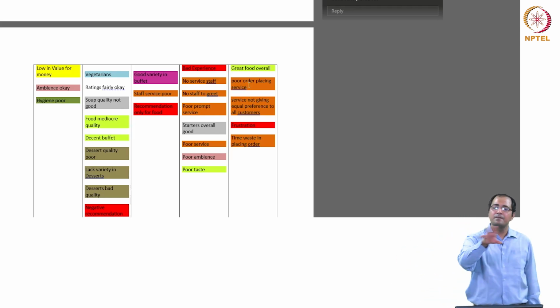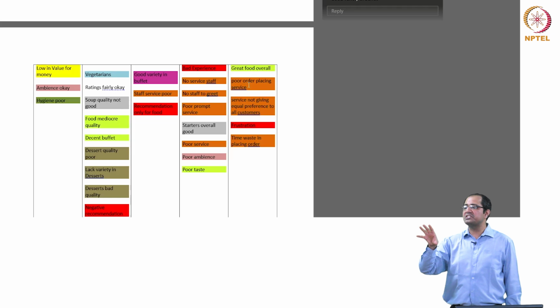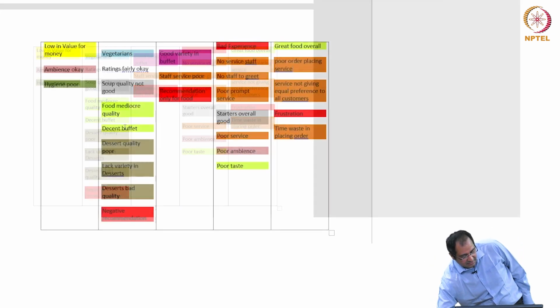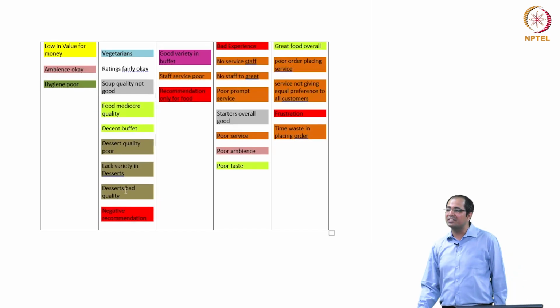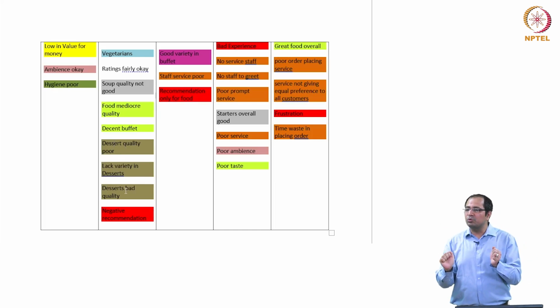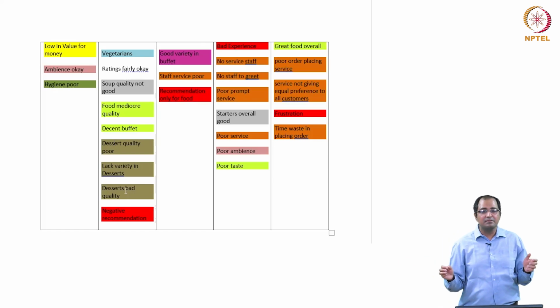So this is all about poor service of the staff. Then there are others, this dark green, dessert quality poor, lack of variety in desserts, this is about the quality of desserts. Likewise, for all the codes you have to do this color coding. Give the same color code to the ones that are similar.